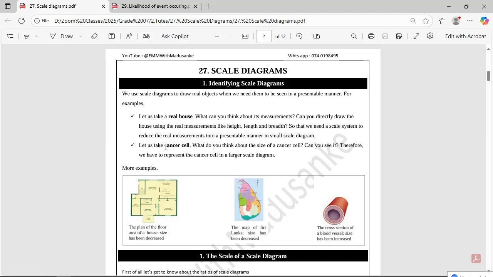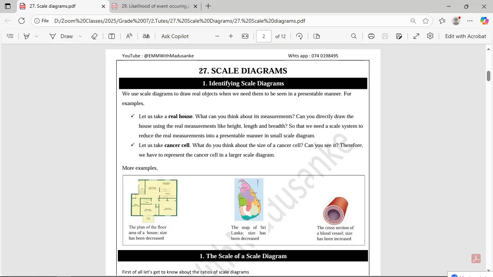It is very small. But when we need to do any scientific research, now think you are a scientist, right? Now there is a scope, and you are going to zoom in on a cancer cell.